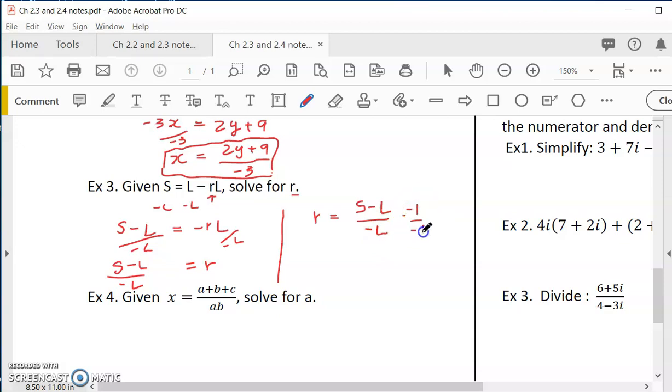So you can multiply negative 1 top and bottom. So this becomes L minus S. Because if you multiply by negative 1, this L becomes positive and this becomes positive. Again, you should not cancel because this is a term and this has two terms, so you cannot cancel. So this is the answer.